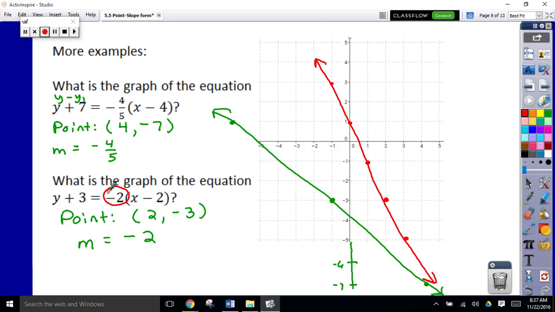Okay, so the first point we plotted was 2, -3. The slope, -2, is actually -2 over 1, which means we go down 2 over 1. So from this point, I'm going to count down 2 over 1. And if I want to plot more points, I can go up 2, left 1, and it's still going to fit on the same line. Okay, any other questions?